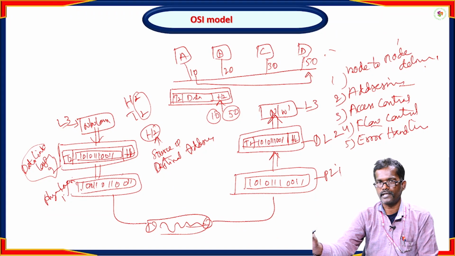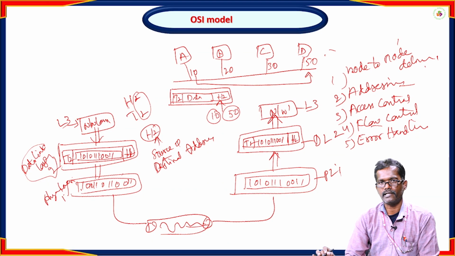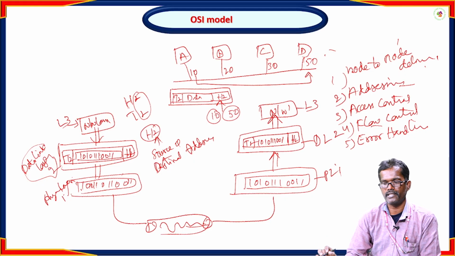Node to node delivery will be taken care of by the data link layer, and addressing also. Access control: the channel will be controlled by the data link layer. Once that particular channel is accessed, the total channel will be controlled by the data link layer.